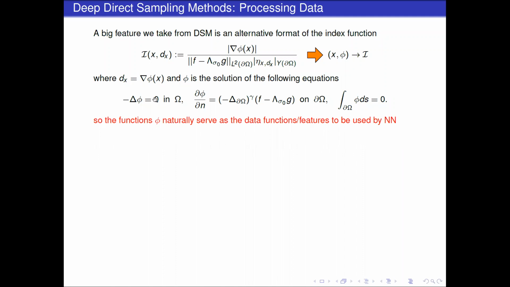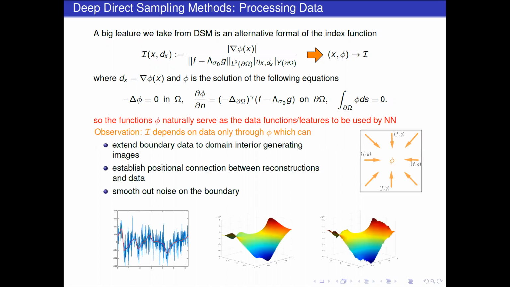This function phi seems to be really interesting from the perspective of deep learning because it can extend the boundary data to the domain interior. Originally we only have the data on the boundary, so there is no positional connection between the boundary data and the reconstructed image.